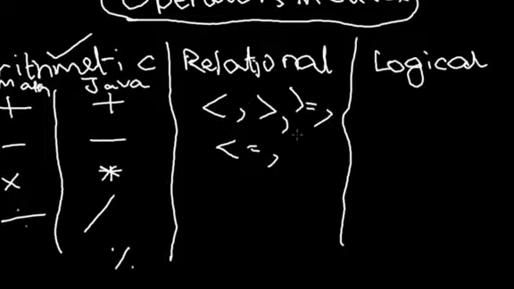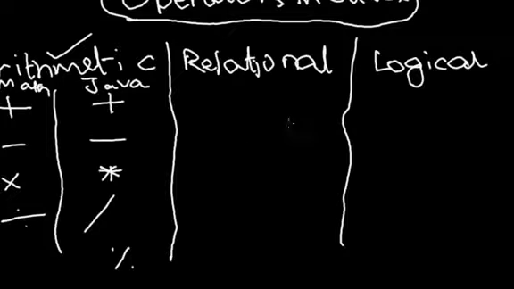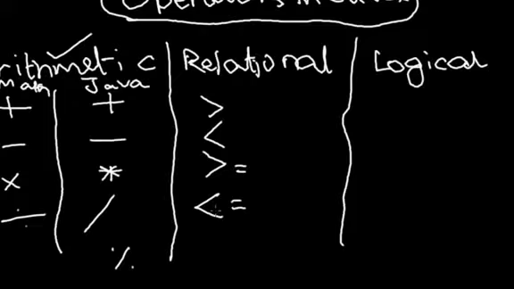Let me just make this a little more organized. Greater than, less than, greater than or equal to, less than or equal to. You have something called not equal to. Not is an exclamation mark, so not equal to.